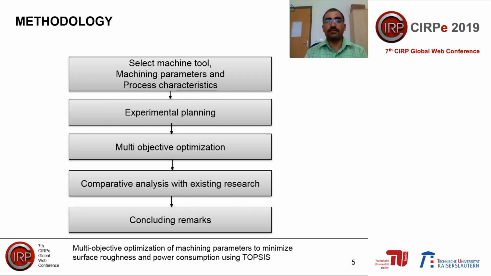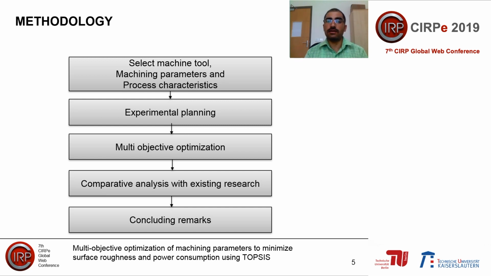The methodology followed in the present study is shown here. First, we have to select the machine tool, then the machining parameters and the process characteristics. In the present case, we have selected the machining parameters cutting speed, depth of cut, and feed rate, and the process characteristics are surface roughness and power consumption. Then we have to plan the experiment.